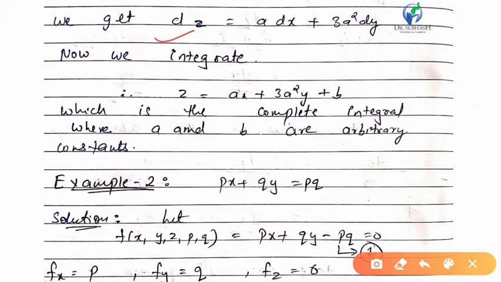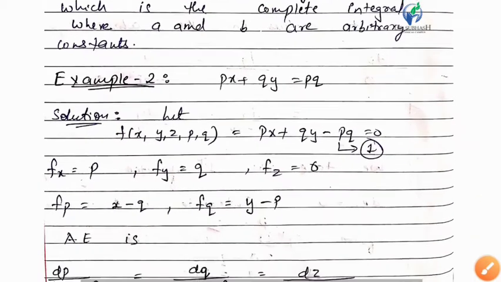So integration of dz will be z, integration of a dx will be ax, and for 3a square dy, its integration will be 3a square y, and I am taking some other constant b. So this is my final required solution for the given function using Charpit's method. Here a and b are arbitrary constants. Now let us move to some more examples.